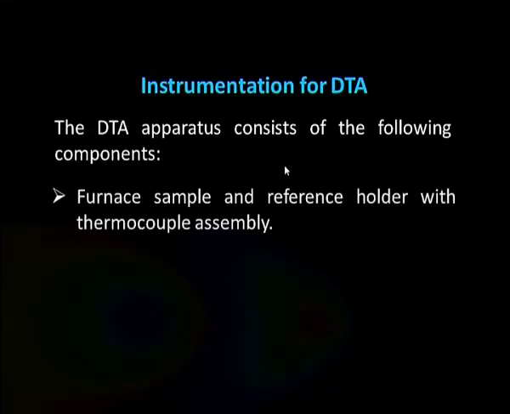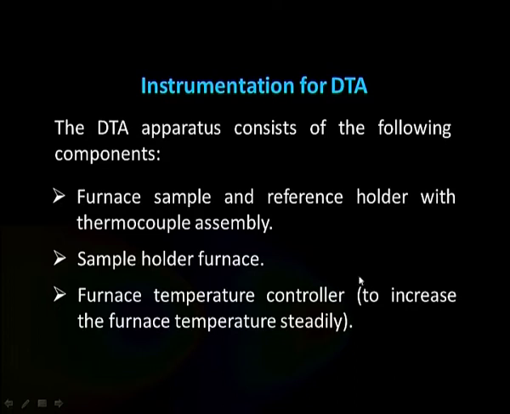Let us now come to the instrumentation part. The DTA apparatus consists of the following components. First, furnace, sample and reference holder with thermocouple assembly. Second, sample holder furnace, as we have already seen. Third, furnace temperature controller to increase the furnace temperature steadily.